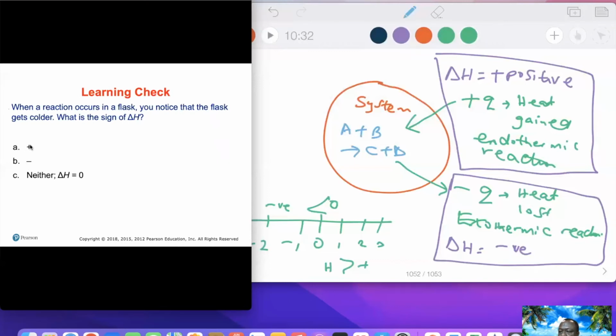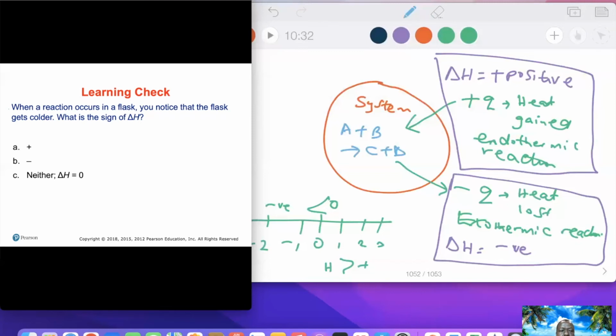It is positive. If you guessed positive, that is right, because the system is absorbing heat from my hand, so I feel it cold.